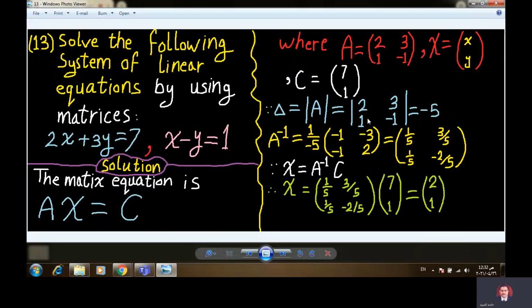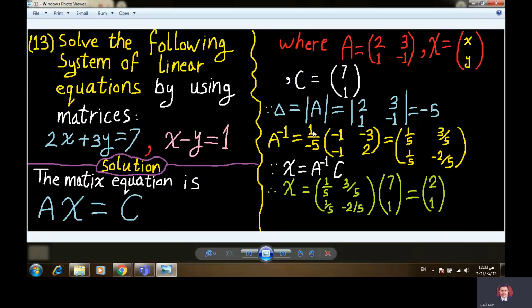The determinant of coefficients of x and y: the coefficient of x in the first column, the coefficient of y in the second column. Again, the coefficient of x in the first column and the coefficient of y in the second column. All of this equal -5.